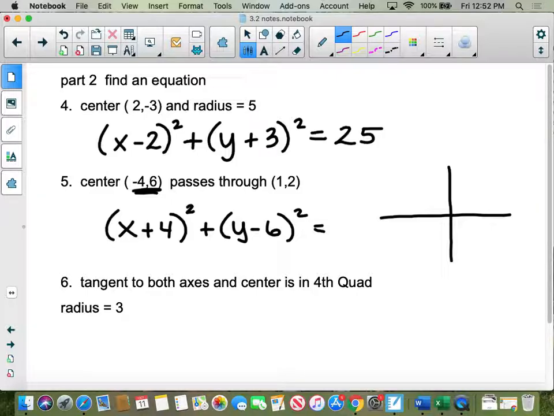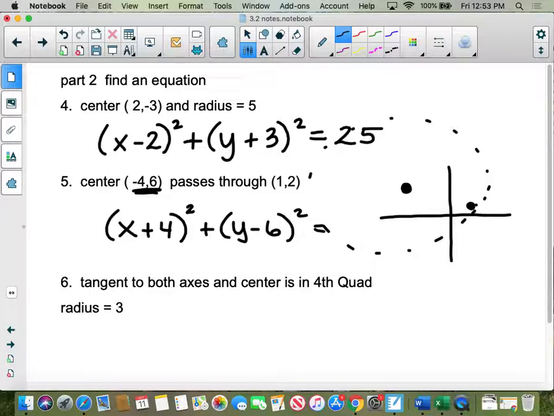A negative 4, 6 is about right there, correct? I'm not going to sit there and draw out my dashes. And doesn't 1 comma 2 land right here? And the center is here, and the circle passes through this point. If it passes through this point, I know it's not perfect, but doesn't it kind of look like that?